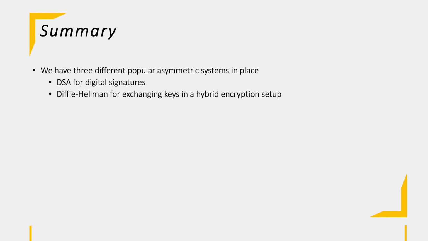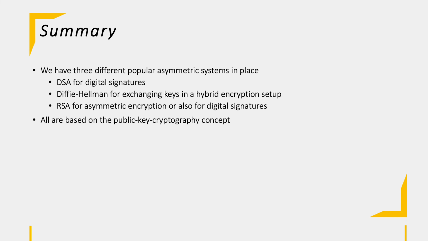Then we have Diffie-Hellman for exchanging keys, which has especially been used in a hybrid encryption setup. I will get to this in a second again. And we have RSA, which is used for asymmetric encryption, but also for digital signatures. So you can do both with RSA.